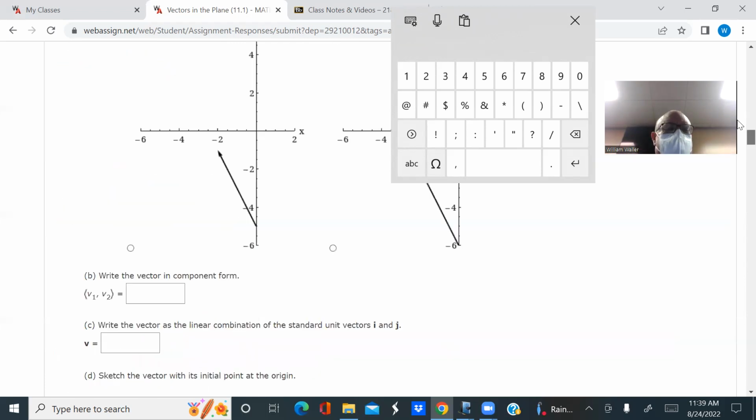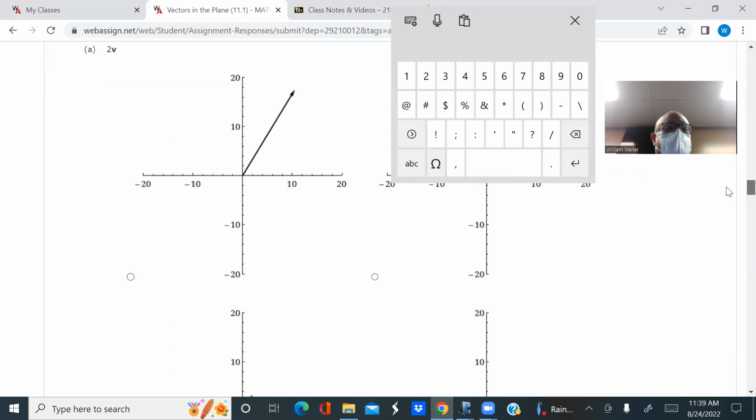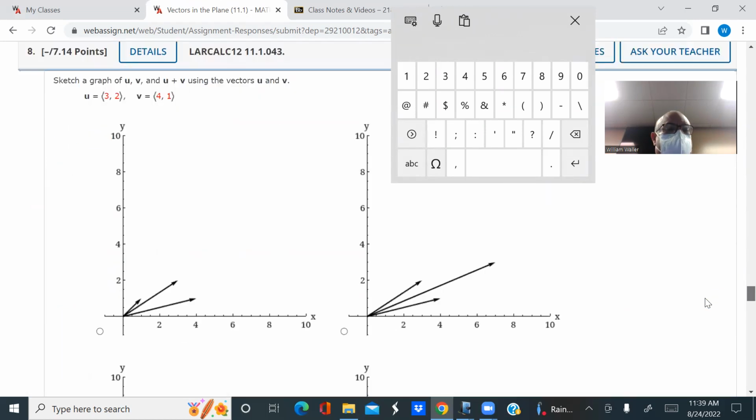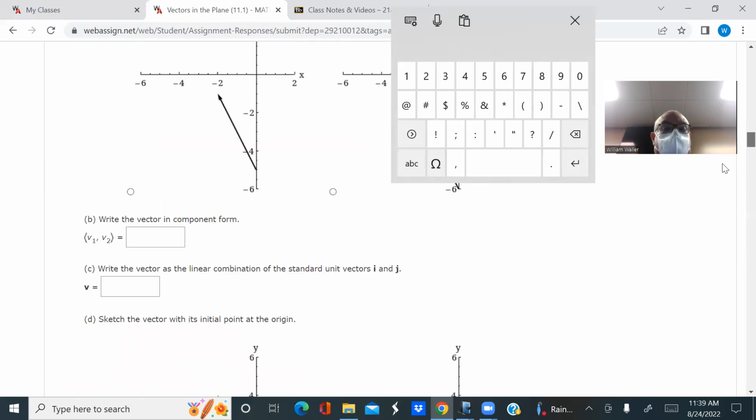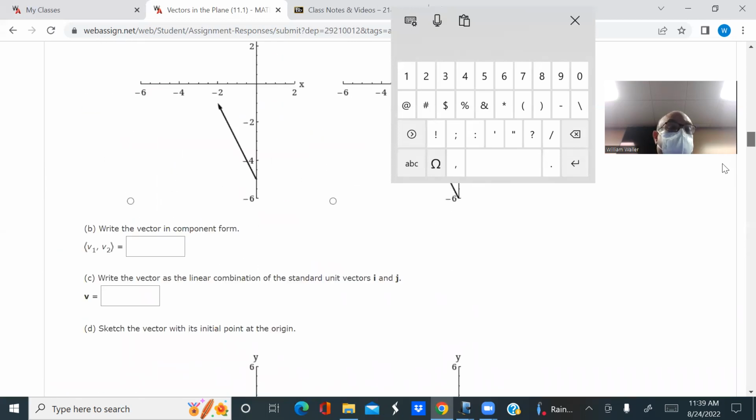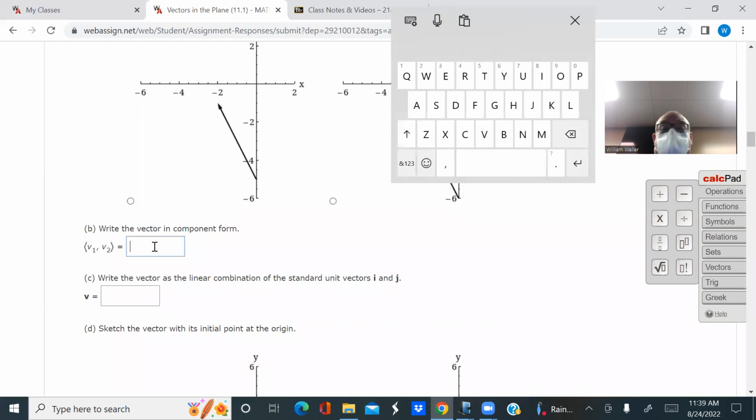I don't think there was any notation otherwise in this homework that was particularly challenging. If you have to enter square roots, I think you can also do that from the math palette. Let me click on here and see if we can see the math palette. Oh yeah, see there's the square root right there. And sometimes you have to enter square roots if the question wants your answer in exact form.